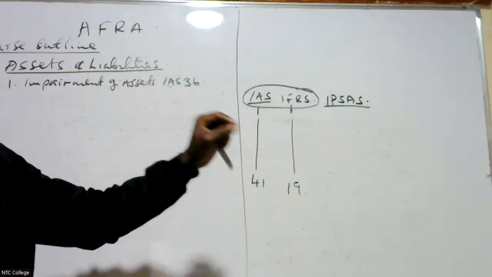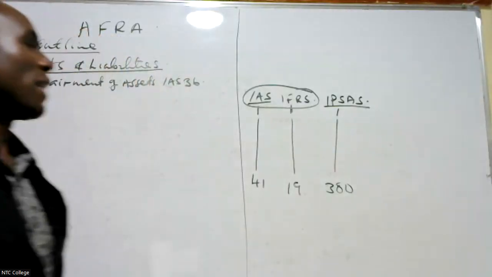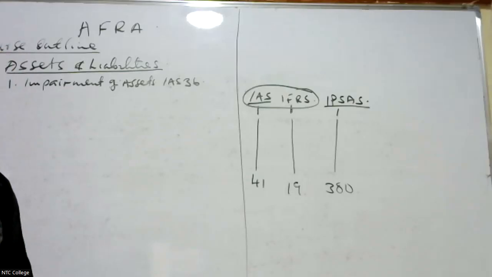IPSAS standards are very many, from IPSAS 1 all the way to around 300 and something. Therefore, you need to understand, because we shall be discussing everything according to which standard.